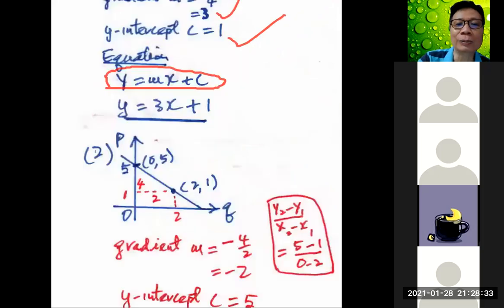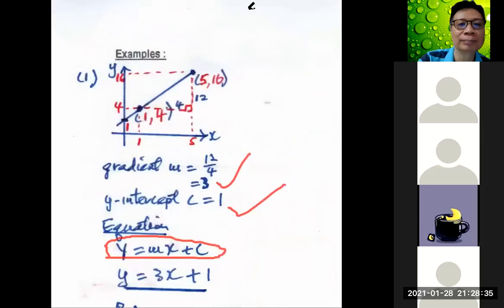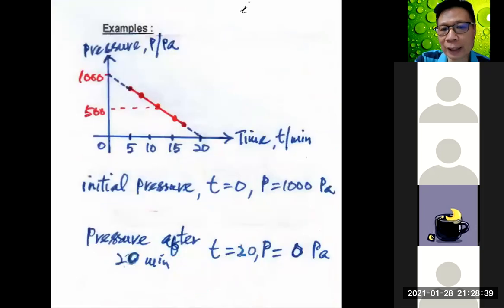Okay, now an example. Don't copy first, let me explain first. You have a graph here. The original graph is here, the red one, with 1, 2, 3, 4, 5 points. This is pressure and this is time: 0, 5, 10, 15, 20.